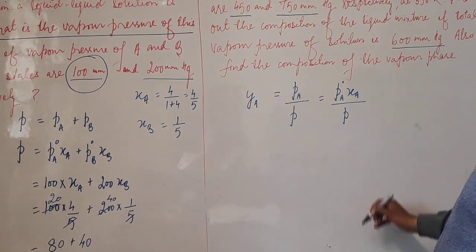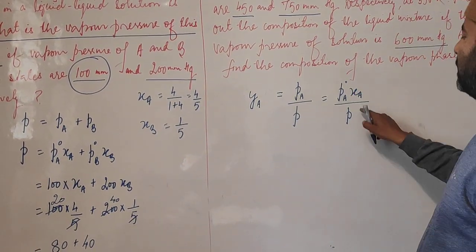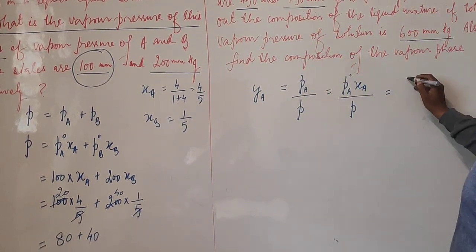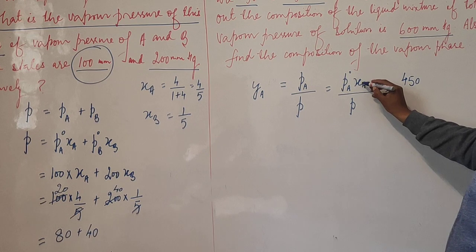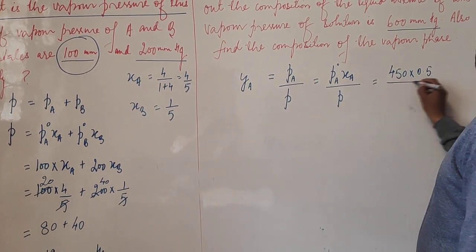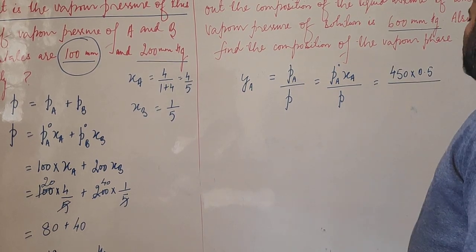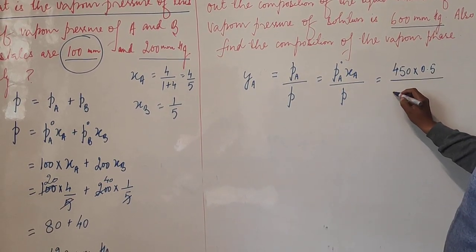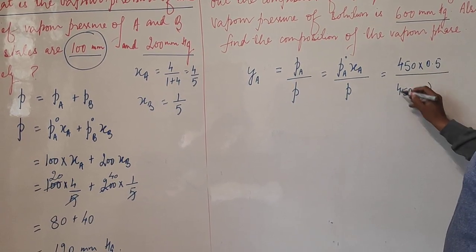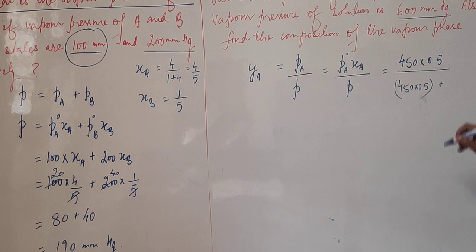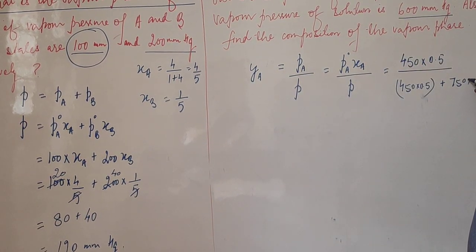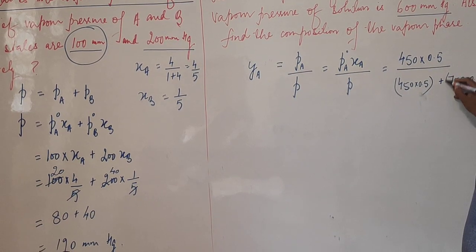Now students, we will determine these. P naught A is given, 450. Mole fraction in the solution we have determined as 0.5, that is half, divided by total pressure. Now students, total pressure would be 450 into 0.5 plus the other component, 750 into 0.5.